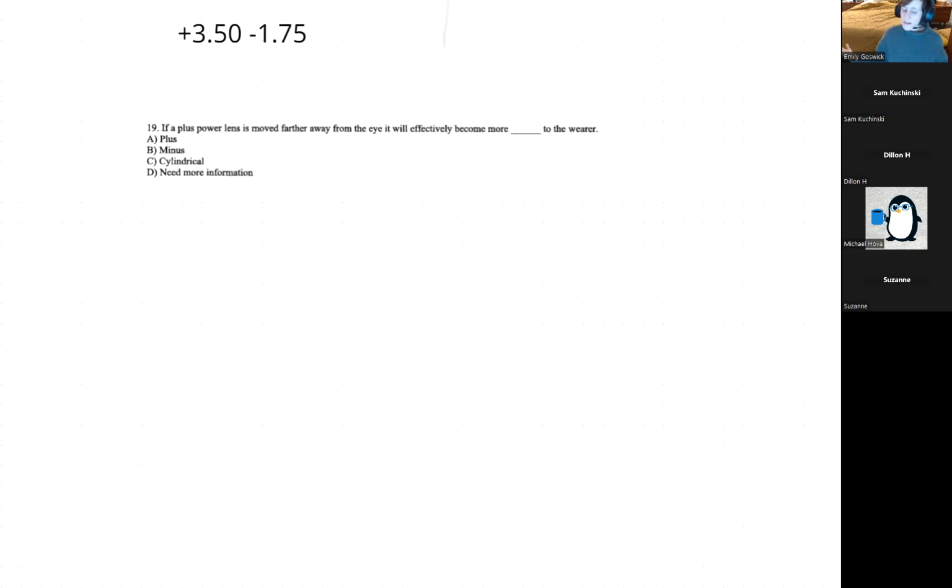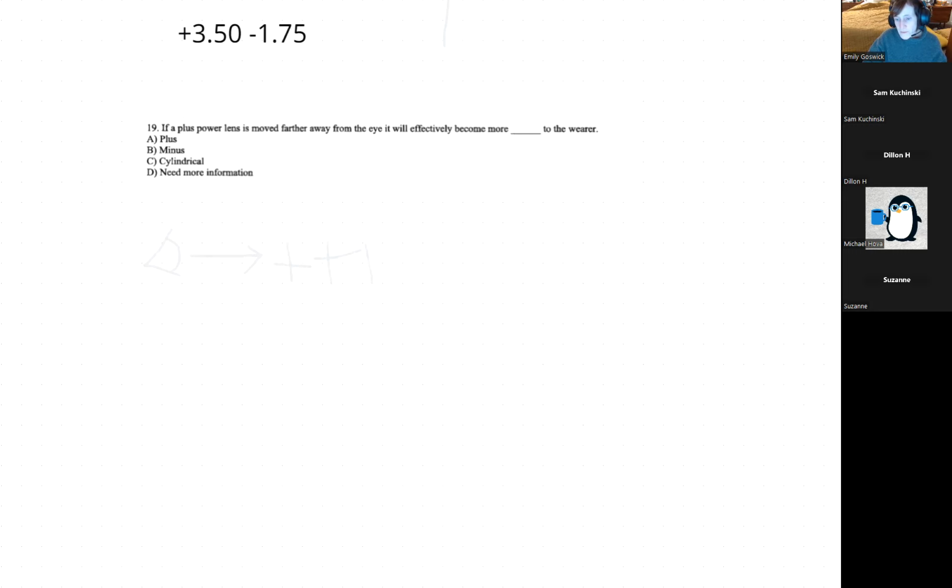The thing that you need to remember is that when things are moved, and this is true of both plus and minus lenses, when they are moved farther from the eye, they gain more perceived plus power. I think I had drawn this out in another video, but basically, the farther something is moved from the eye, the more plus.